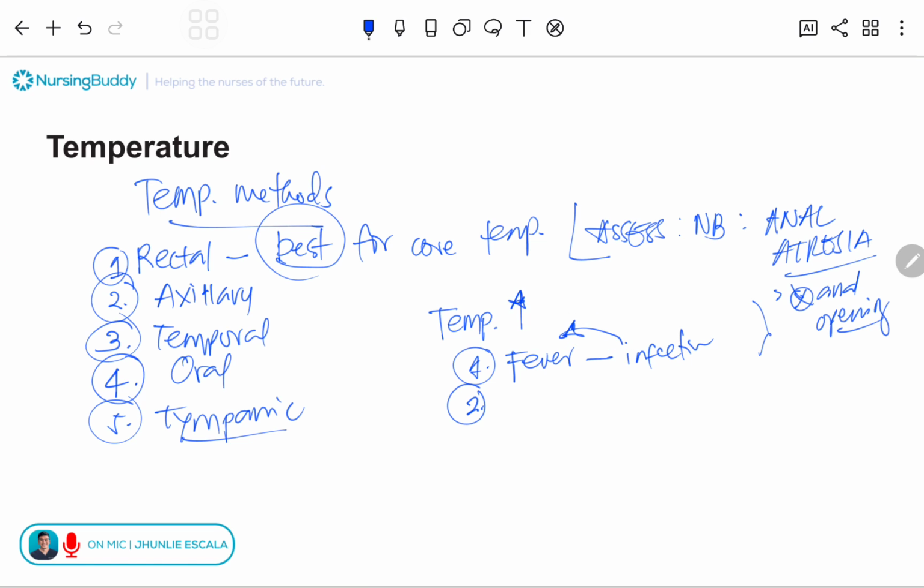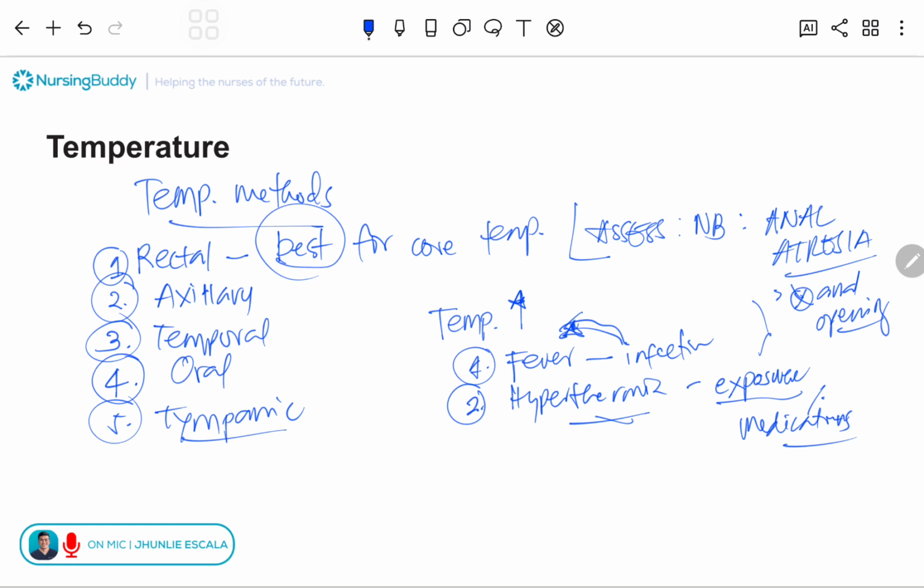But when we say hyperthermia, that is a generic term for elevated or extremely elevated temperature. We do not necessarily say fever, because fever is specific to infection. Your hyperthermia could be caused by exposure, kapatid, or even without exposure, by some medications that can cause elevated body temperature. So that's the difference between the two.